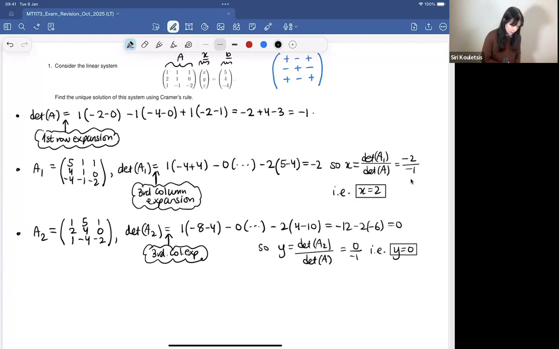And then finally, to find the value of z that solves the system, we replace the third column of A by the vector B, find the determinants of this matrix. Let me say do a first row expansion here.